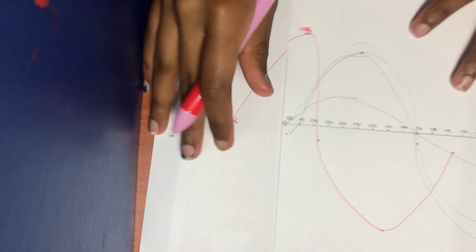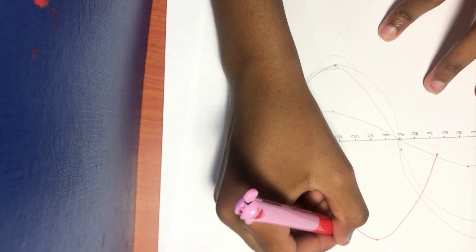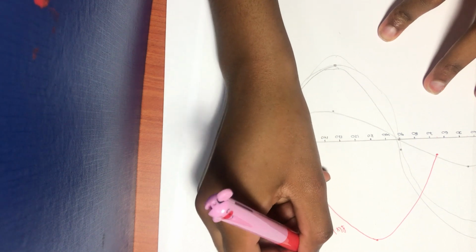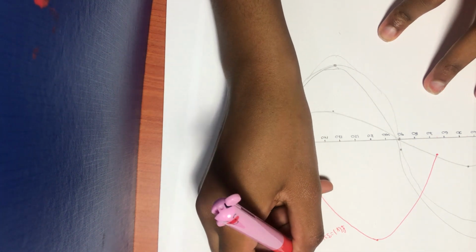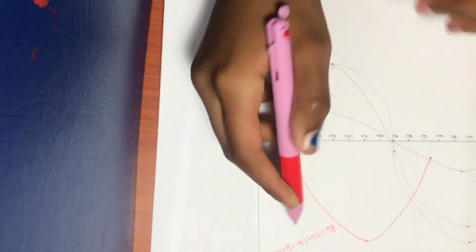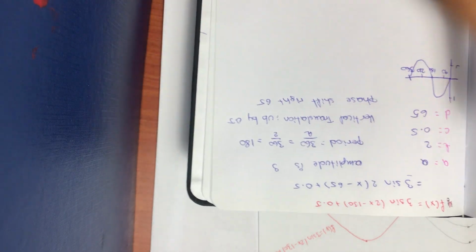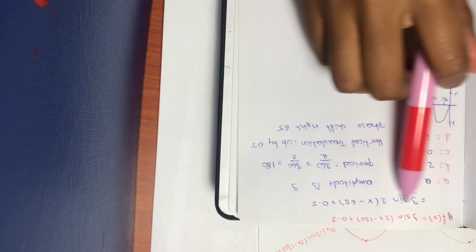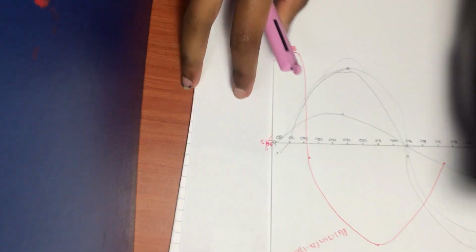So that is going to be my final graph. As you can see, I didn't have much space. So f(x) = 3 sin(2x - 130) + 0.5. I'm not even sure if this is the right function, because my question was cut off on the test. But this is what I graphed.